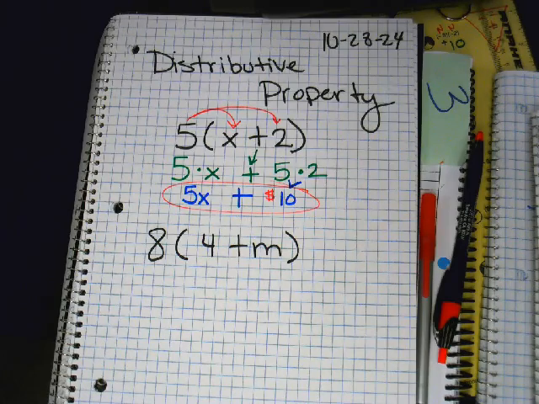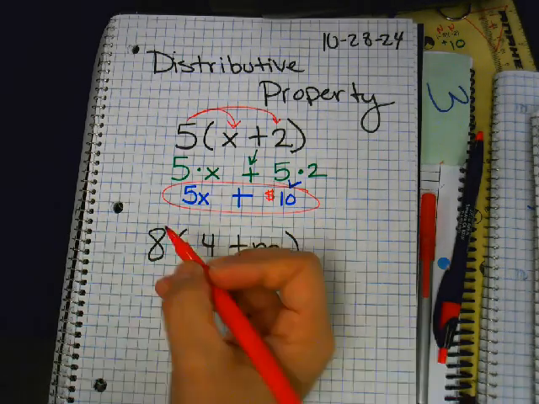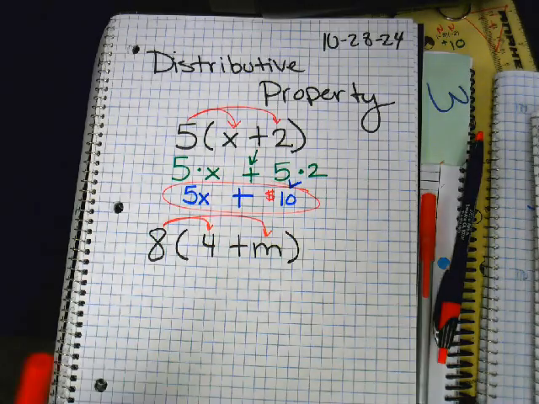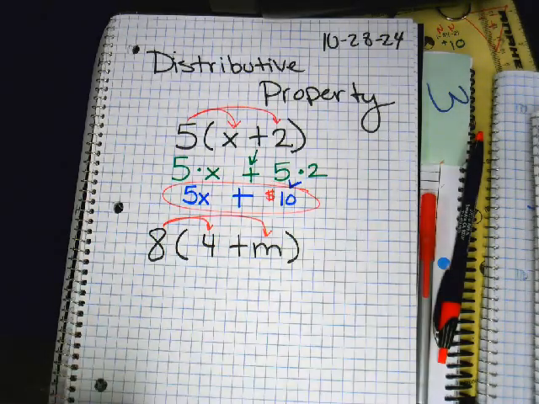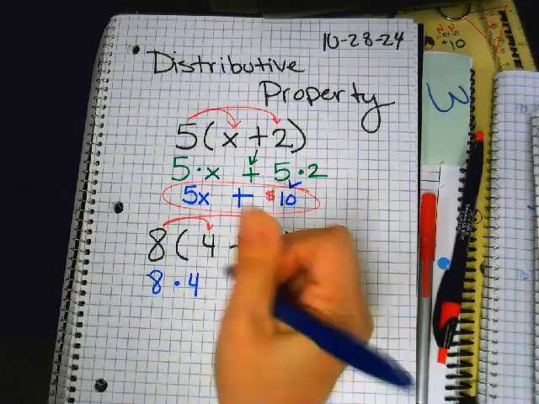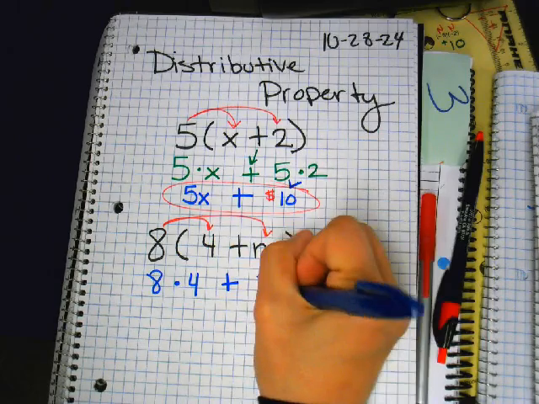Okay, we knock at the next house. How much candy are they going to distribute to us? 8. Everybody gets 8. And we use multiplication: 8 times 4 plus 8 times m.